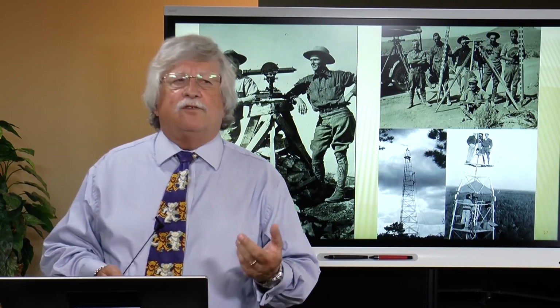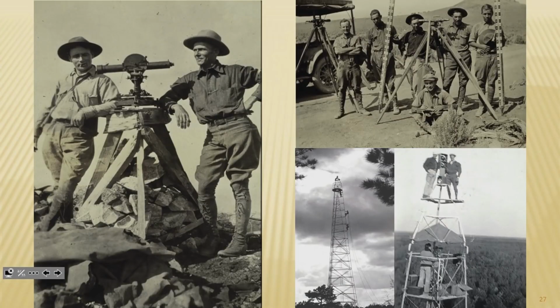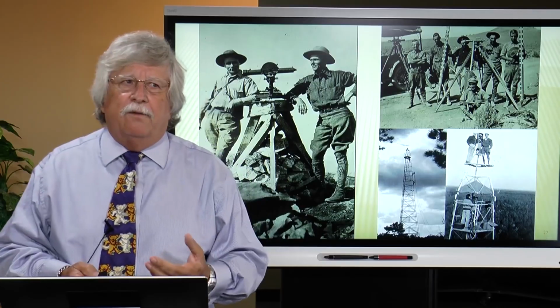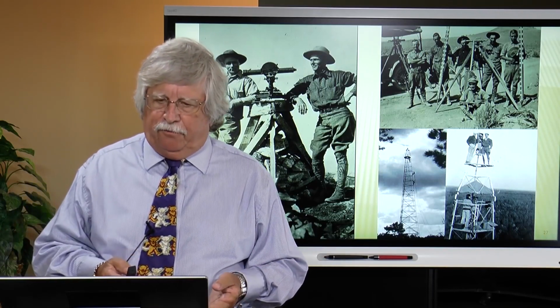The field process that went on included measuring angles, building towers to get up over obstructions, and running levels on the ground. These were all part of the physical framework that the geodetic surveyors had to go through.